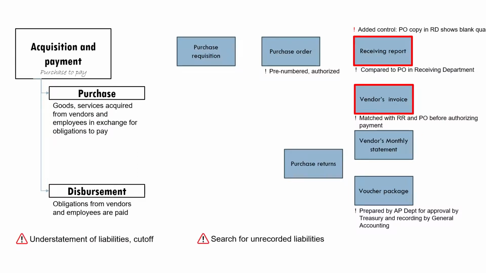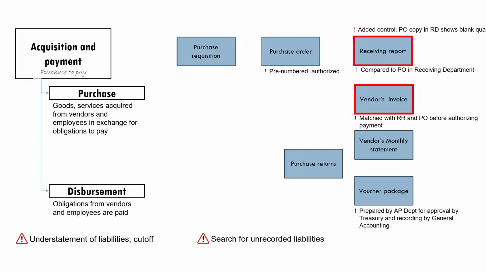A while back, we also said that in the case of the revenue and receipt cycle, there is a presumptive significant risk of overstatement of revenues and receivables. However, in the case of liabilities and expenses, the auditor is on the lookout for possible understatement of liabilities and expenses. Because of this, the auditor performs testing for cutoff and a search for unrecorded liabilities.